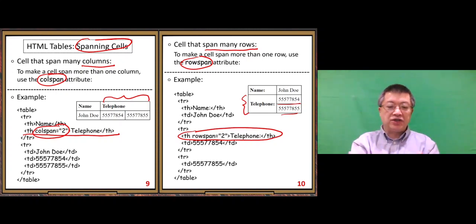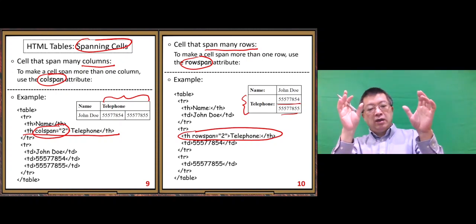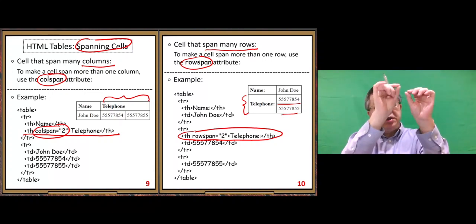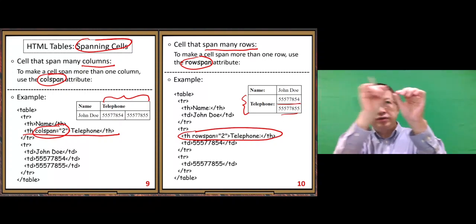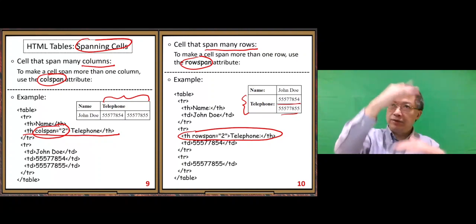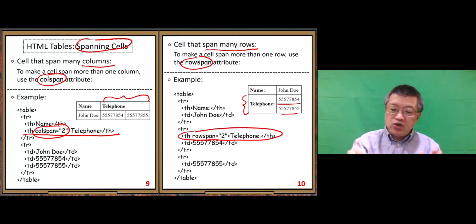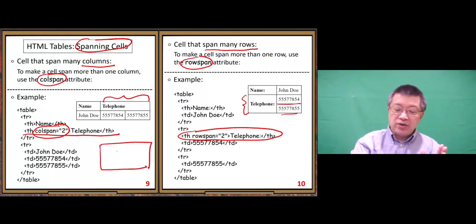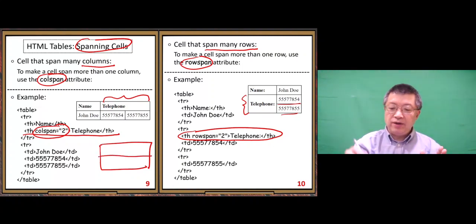Then you can consider that at one particular location, you need to occupy multiple rows or multiple columns. So you can draw on your paper. When you start, you have 2 rows, 3 columns, like this.